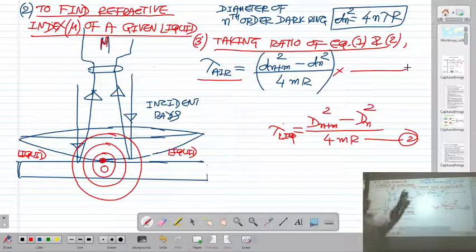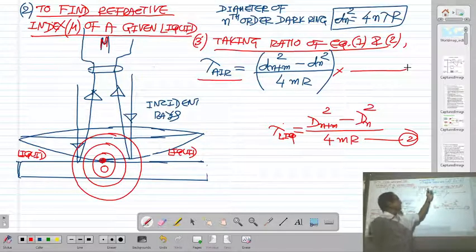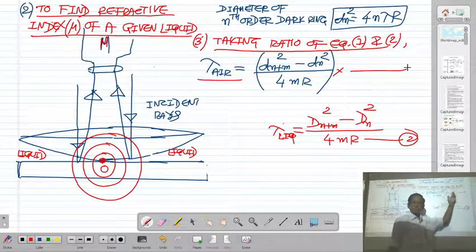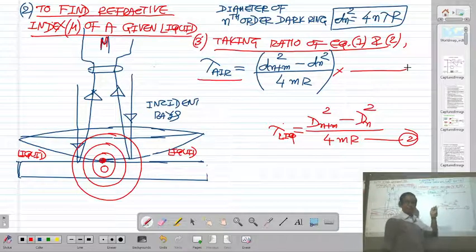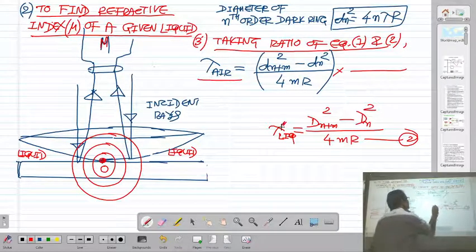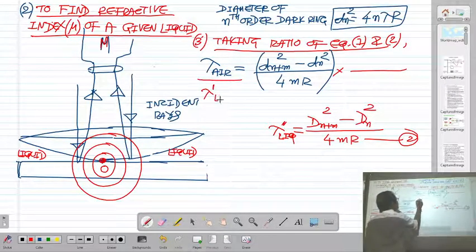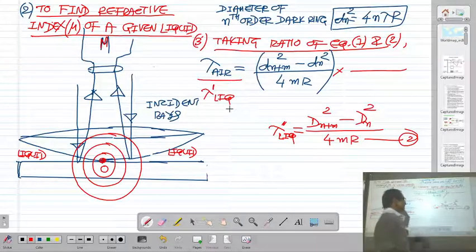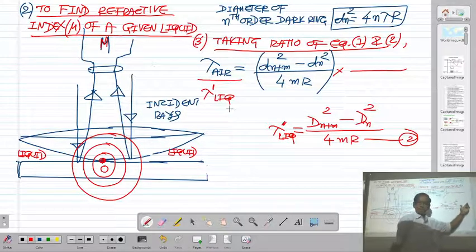The wavelength of light in air is small d n plus m square minus d n square upon 4mr, divided by the wavelength of light lambda dash in liquid. The wavelength of light lambda dash in liquid is capital D n plus m square minus capital D n square upon 4mr.